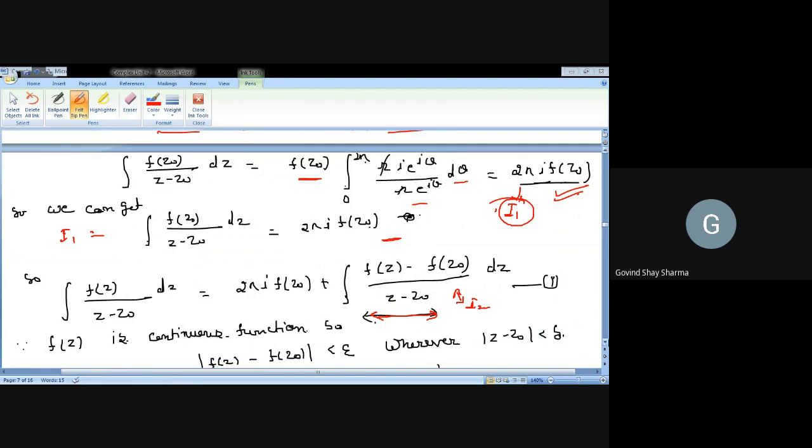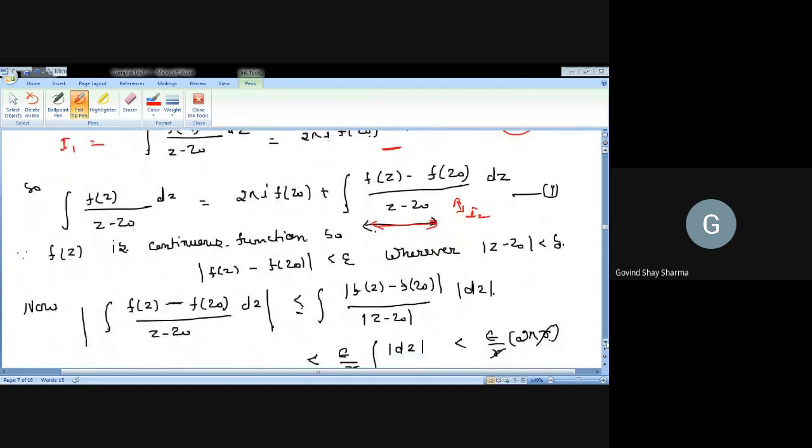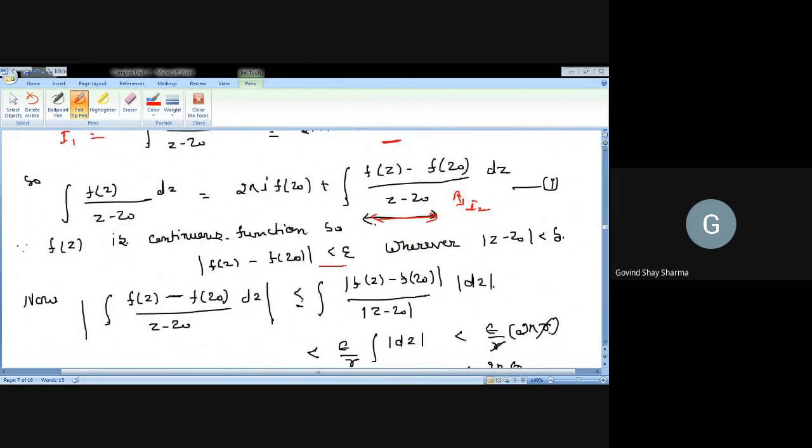So for a continuous function, the change f(z) minus f(z0) is very small, less than epsilon, when z minus z0 is less than delta.